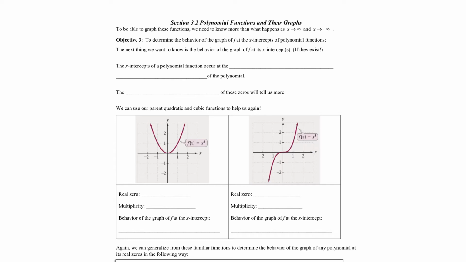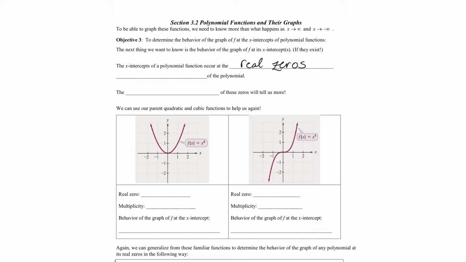And our third objective is going to be to determine the behavior of the graph of a function at the x-intercepts. And what we're going to want to know is, what is the graph doing at those x-intercepts, if they exist? Well, as we know from our work in Chapter 2, the x-intercepts of a polynomial function occur at the real zeros of the polynomial, right?